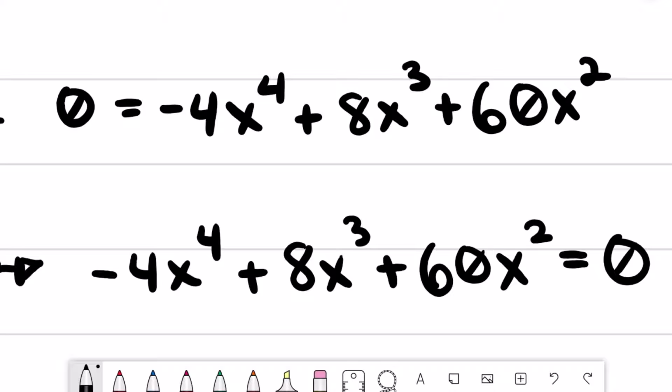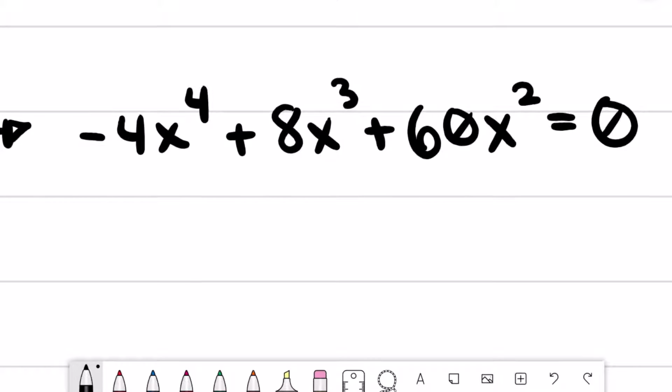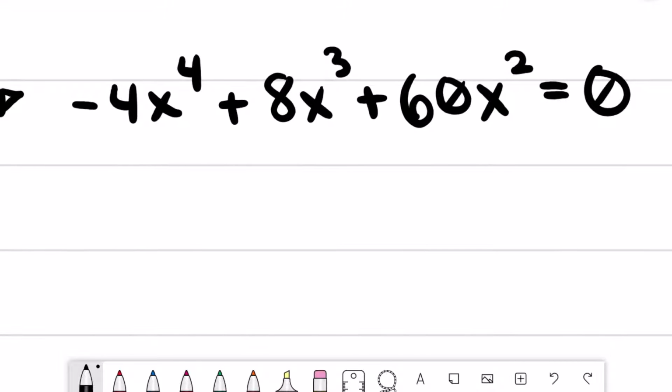Okay, now we get to this point, and what we want to figure out is, is there a GCF, or a greatest common factor, that I can factor out from my polynomial? What I want you guys to pay close attention to is that in front of our highest power, which is 4, we have a negative symbol.